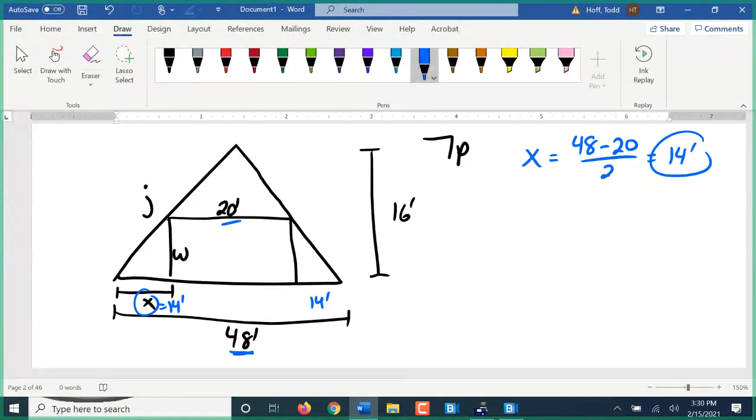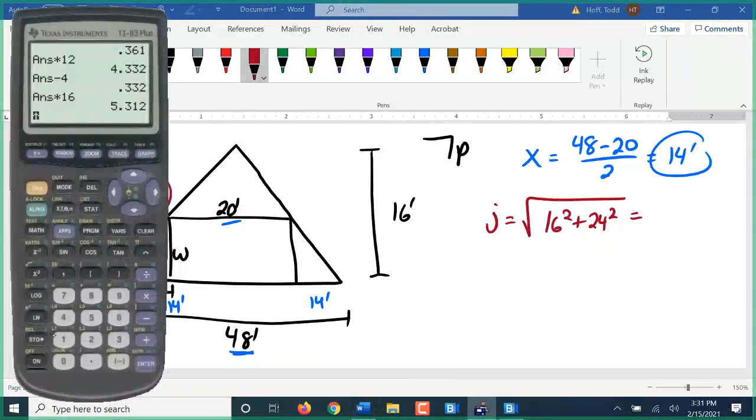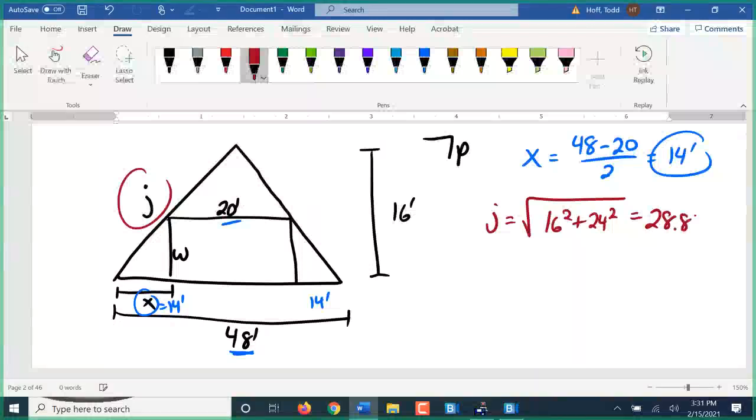Next thing I would have to find, actually I could find J if I wanted to. How do I find J here? Plus, that's 28.844 feet.